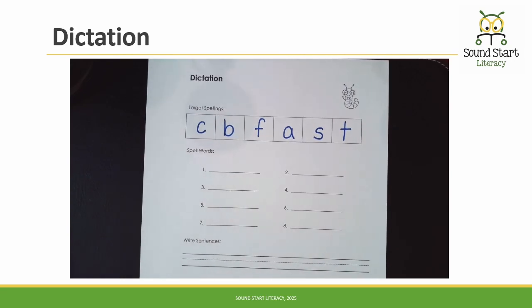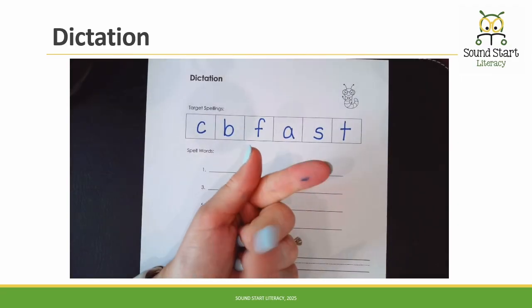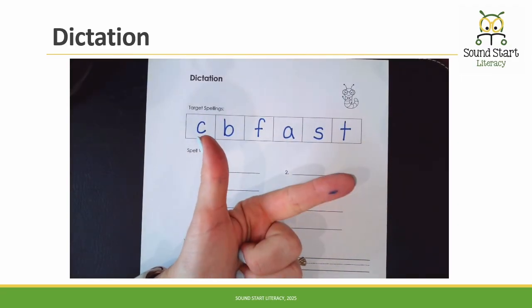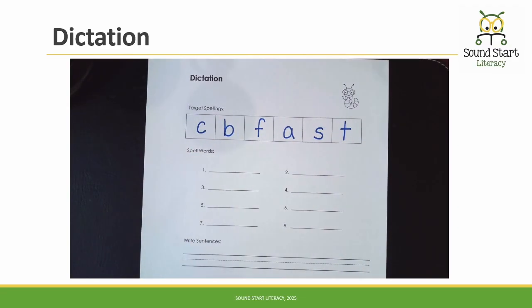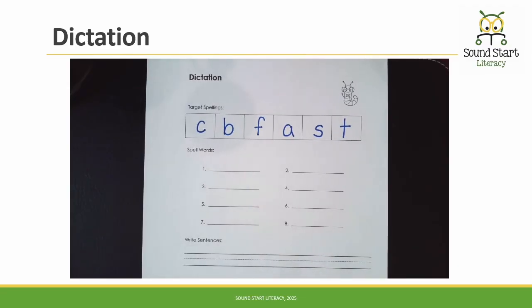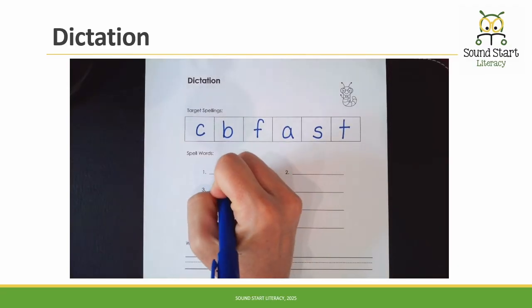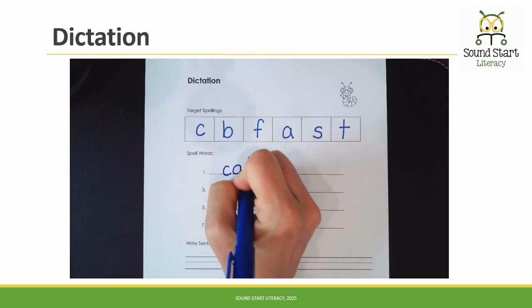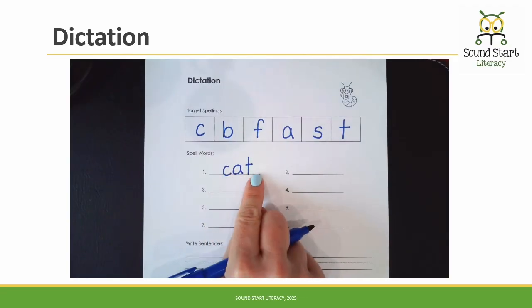So say the sounds in cat, and the student can use the fingers to segment the sounds. K, A, T. You also could use tokens or pennies if you want to segment that way, but I always find fingers are good because you always have your fingers with you. So the student would finger spell cat and then say and write cat. K, A, T, and read it back, cat.